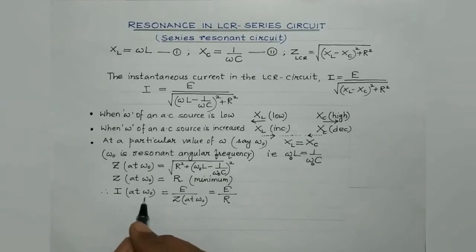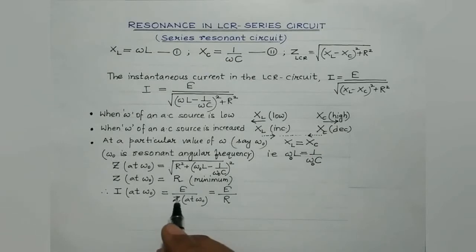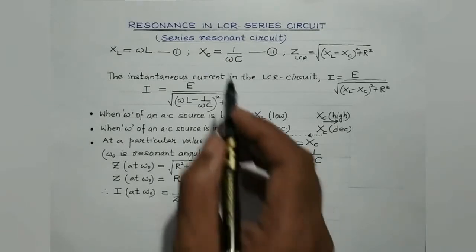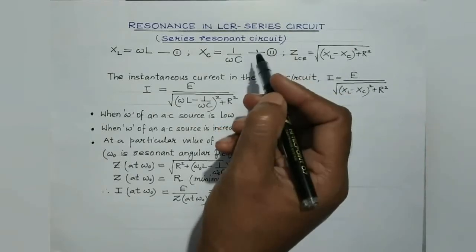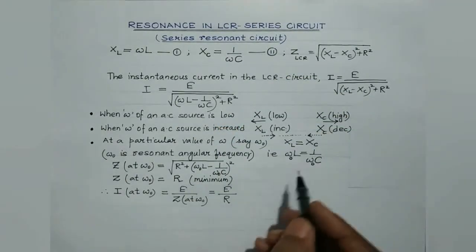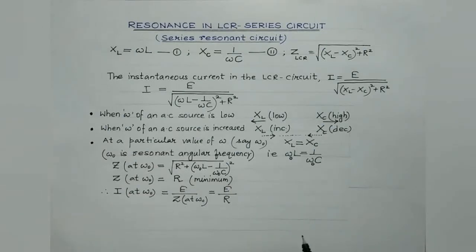Right? So students, a series LCR circuit which admits maximum current corresponding to a particular angular frequency omega naught of the AC source is known as series resonant circuit, and the corresponding angular frequency, that is omega naught, is known as the resonant angular frequency. Right?